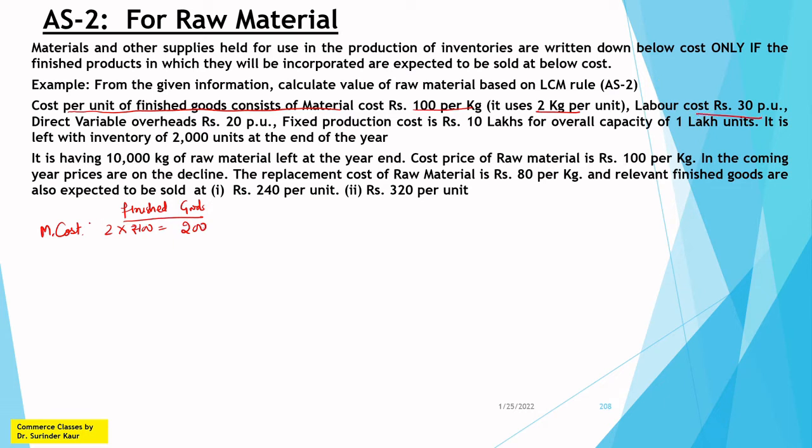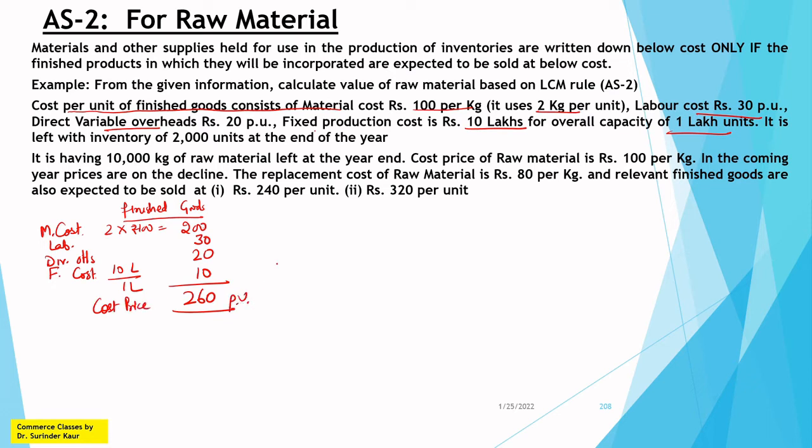Labor cost is 30 rupees per unit. Direct variable overheads are 20 rupees per unit. Fixed cost is 10 lakh on a capacity of 1 lakh units, that is 10 lakh upon 1 lakh, which is 10 rupees.